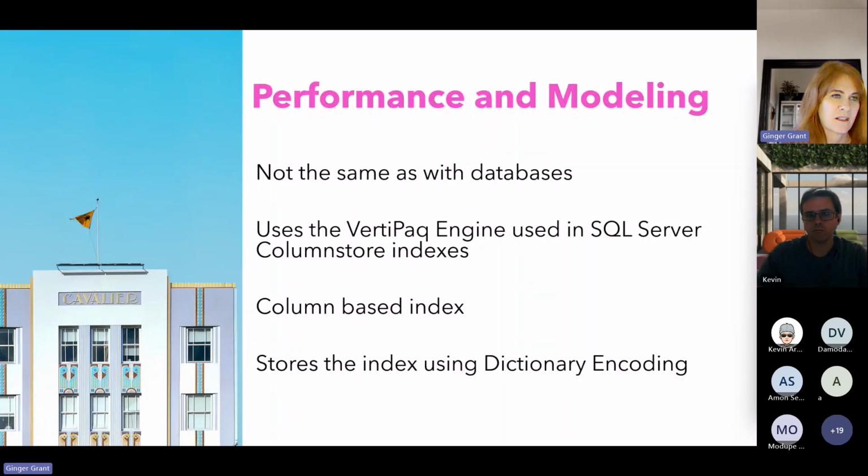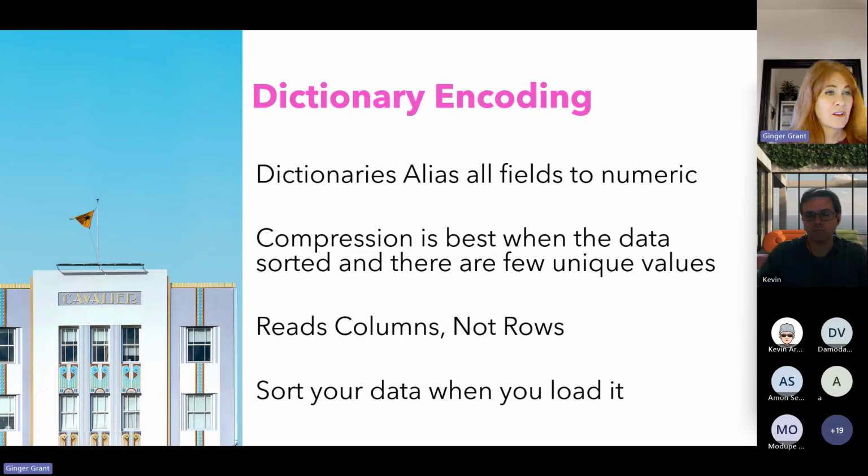I would actually recommend not doing that because that screws up some of the filtering that you might want to do to decrease the amount of data that you are evaluating in DAX. So if you are joining a date, I would join with a date because with dictionary encoding, it really doesn't matter. So how does dictionary encoding really work? Well, a dictionary aliases everything to numeric. So yes, it's one more step if it's not numeric already, but it's not that big of a step.